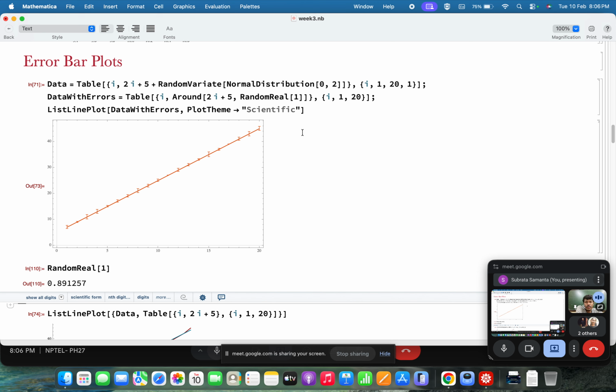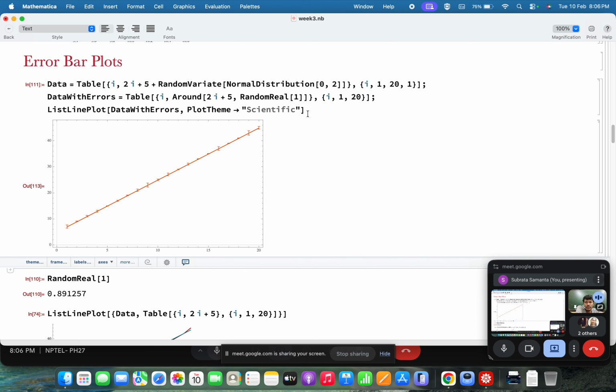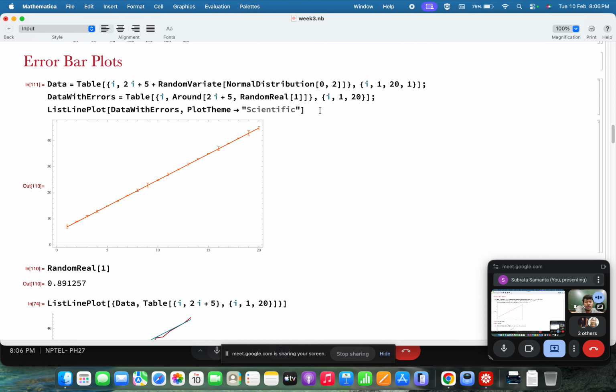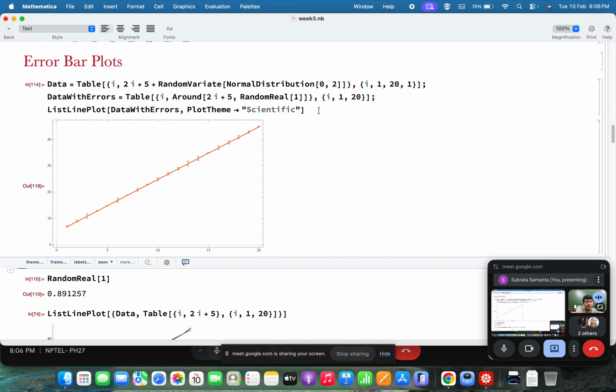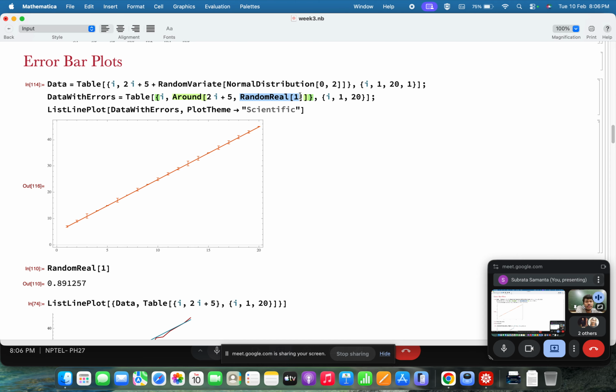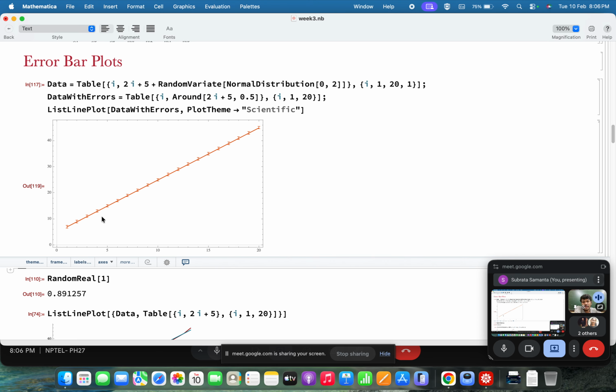So, this is some random errors. I am just showing how you plot with error bars. If you have some definite error, then you just remove this. Let us say you put 0.5. Then each data point has an error of 0.5.